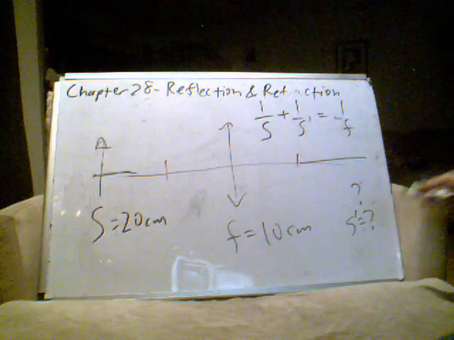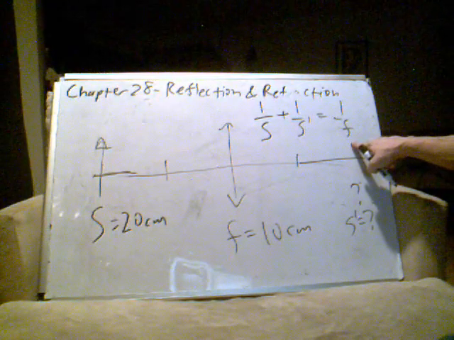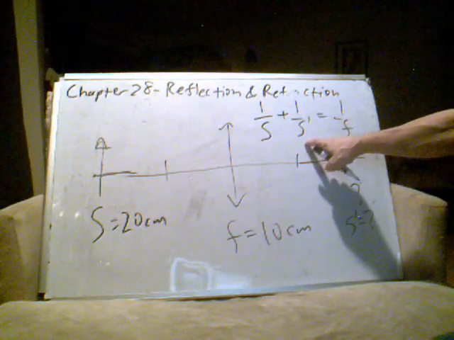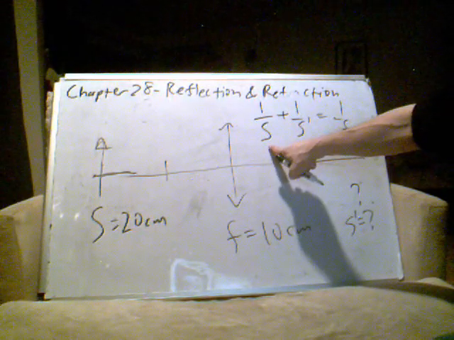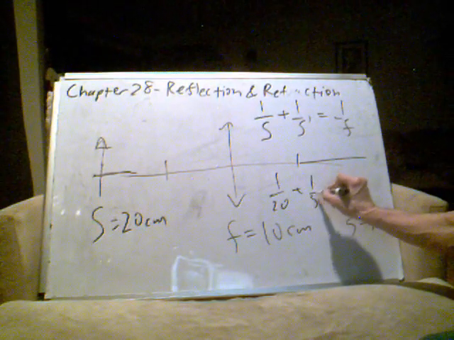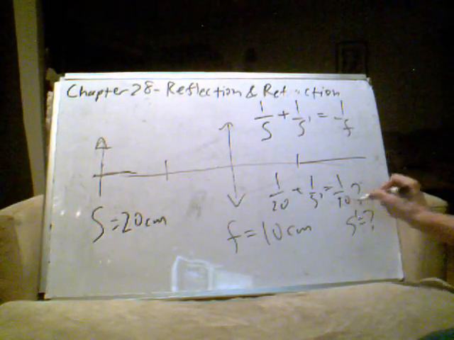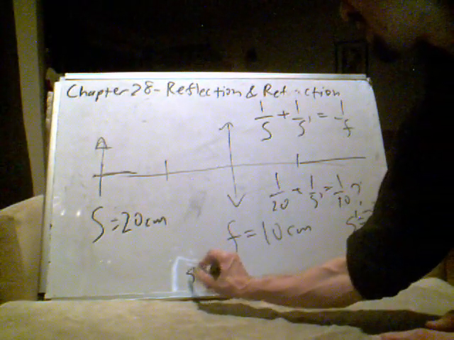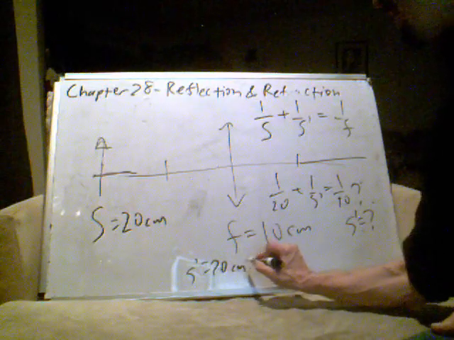Now, the focal length is 10 centimeters. How far away does the image have to be if the object is 20 centimeters away? Well, we got 1 over 20 plus 1 over s prime is equal to 1 over 10. What does this have to be? Well, what if I said s prime is 20 centimeters?